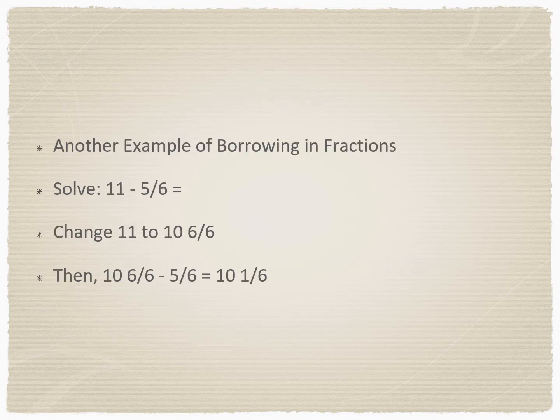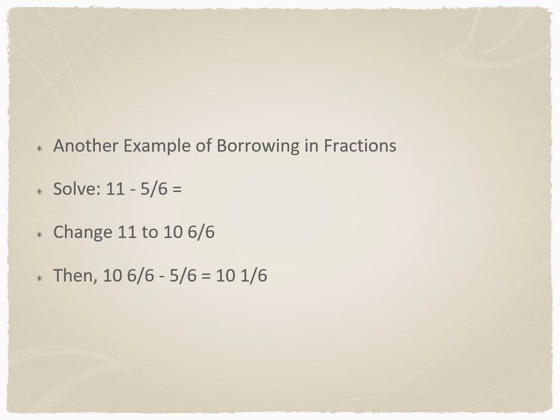Alright, so we have another example here of borrowing from a fraction. We start with 11 minus 5/6. We could look at 11 as being over 1, but we need to make a fraction out of it, so 11 over 1 isn't going to work. What we need to do is make a fraction from this number 11.